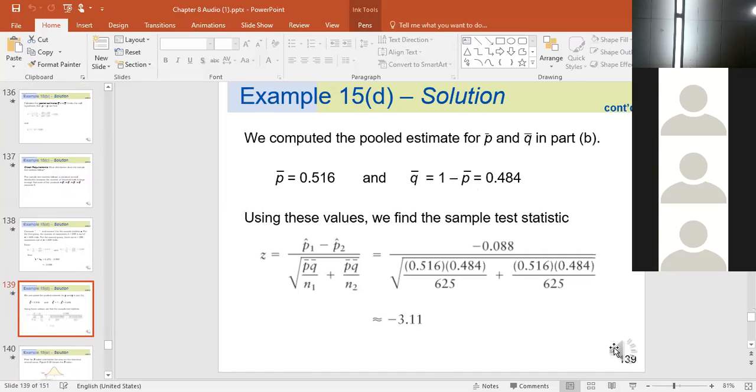Negative 3.11. You get that from your calculator. What is the P value? 9.26. Anybody else get 9.26?